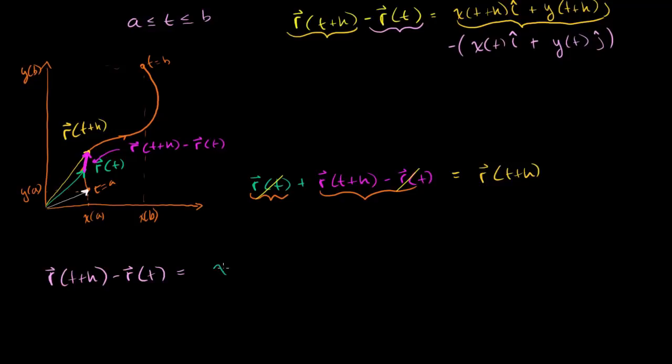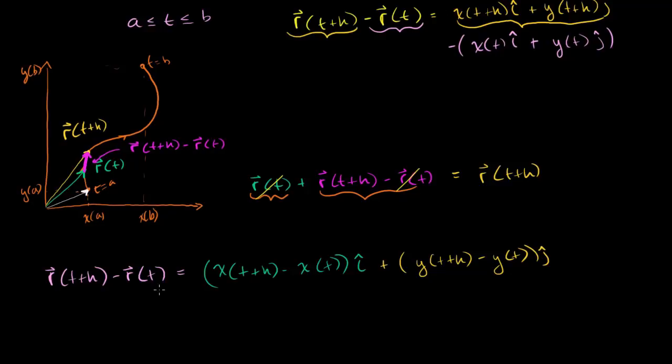So x of t plus h minus x of t, and then all of that times our unit vector in the x direction. And then we'll have plus y of t plus h minus y of t times the unit vector in the j direction. I'm just rearranging things right now.